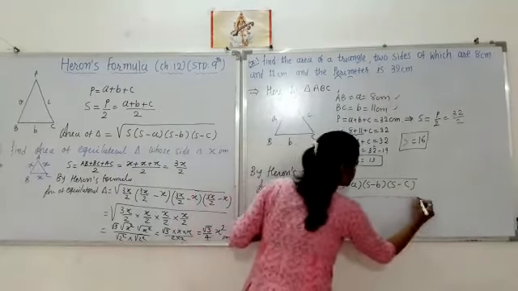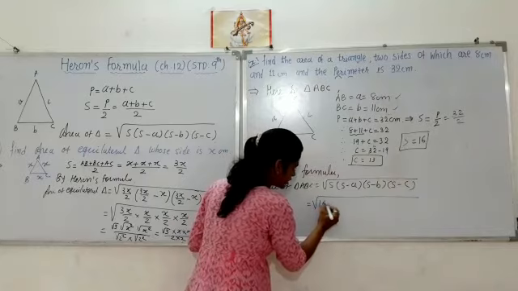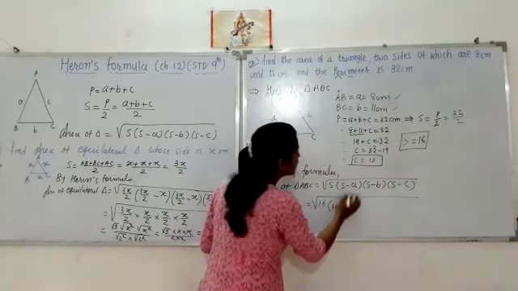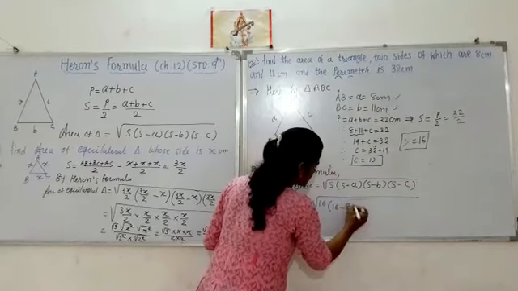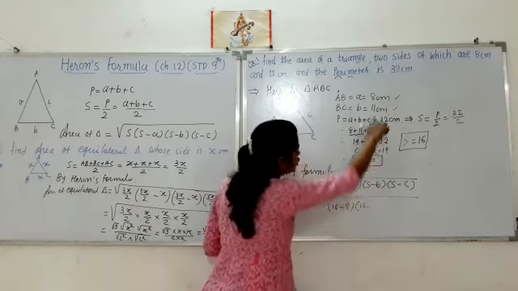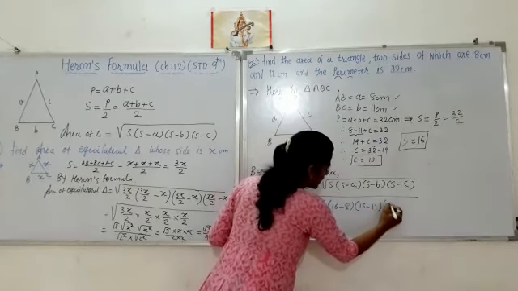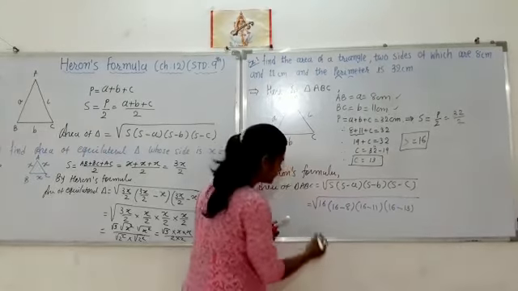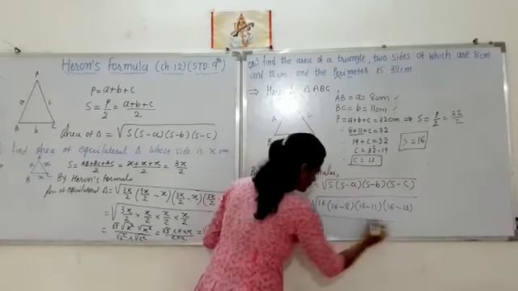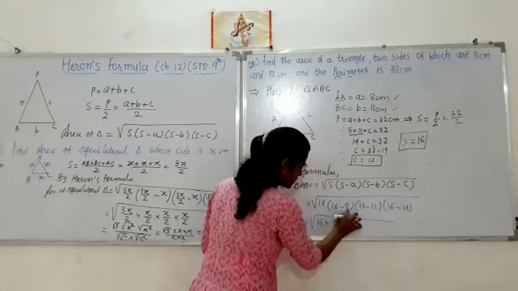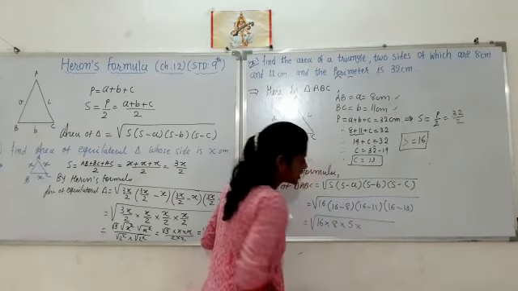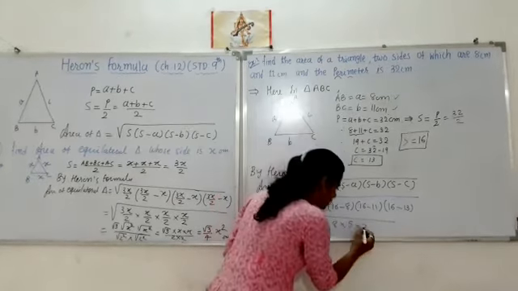Put the values: S is 16, your a is 8. S is 16, your b is 11. S is 16, your c is 13. 16 minus 8 is 8, 16 minus 11 is 5, 16 minus 13 is 3.